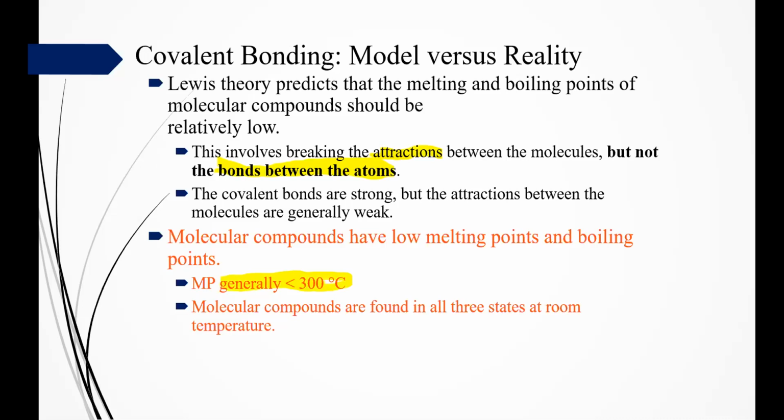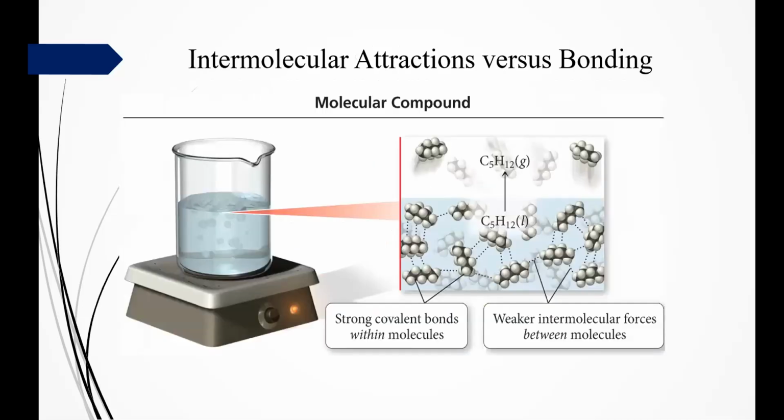And we find them in all three states. Instead of ionic compounds, which we only really find as solids, and very rarely as liquids and definitely not gases at room temperature, molecules we can find as solids, liquids, or gases. This is because they have strong covalent bonds within the molecule, but weaker attractions between the molecules.